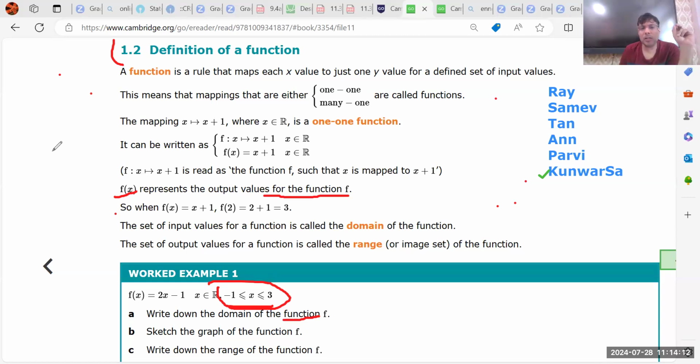Parvi, you have to use the signs. Your answer was correct, but please send the answer again using the correct inequality signs. This time I asked the range, not the domain. I sent the range also, sir.